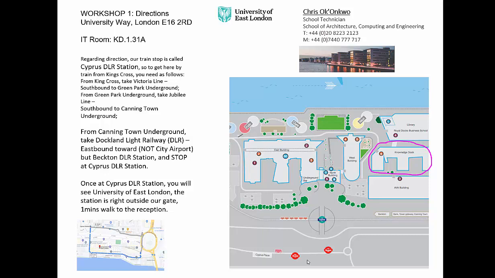I've added the directions in case you're coming from further away. Using the Docklands Light Railway, make sure that you're on the eastbound, but not the city airport one, and make sure that you get off at the Cyprus DLR station.